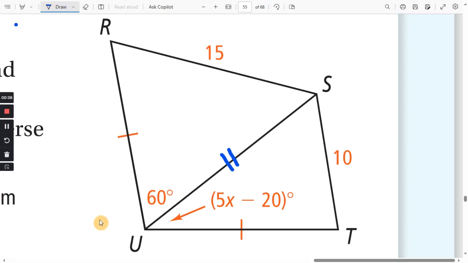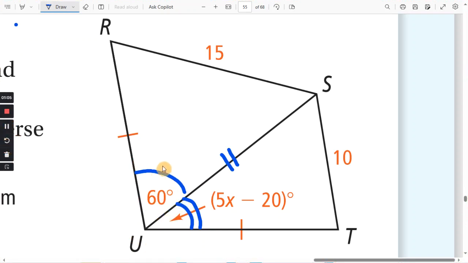Now, if we look at the angles in between the two sides that are congruent, we have a 60. And in between the two congruent sides on this triangle, we have this angle here, and that's 5x minus 20. Now, we don't know the relationship between these two angles until we look at the sides across from the angles.